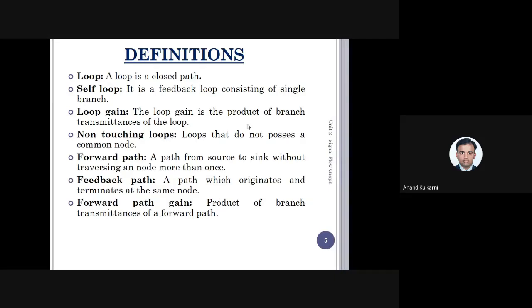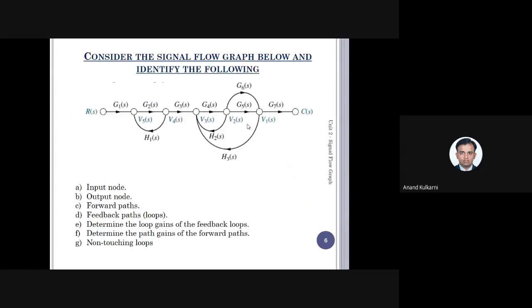Then what do we mean by non-touching loops? Two loops that do not possess a common node. Now remember, this is a very interesting thing. If there are two loops which do not have a common node, for that reason numbering of the nodes is very important. If there are two loops which are not touching one another, they are called non-touching loops. Now if you observe here, if I start this as number 1, this is 2 and 3, there is one loop here between 2 to 3.